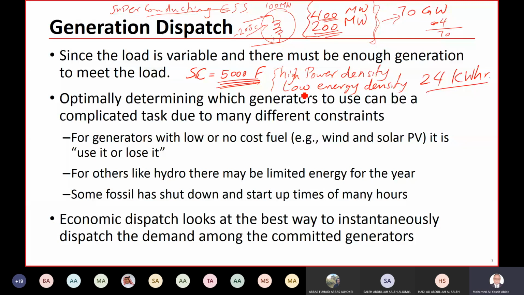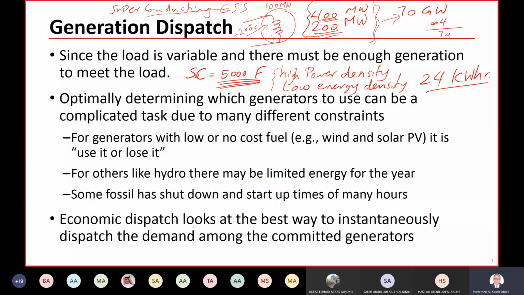You can store a large amount of power, say 1 megawatt. It will give you 1 megawatt but only for 1 second, for 2 seconds. The battery could give you low power, a few kilowatts, but for a long time. The battery could supply this low power for 10 hours.